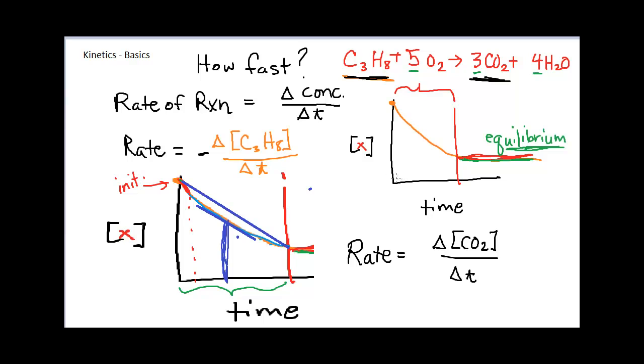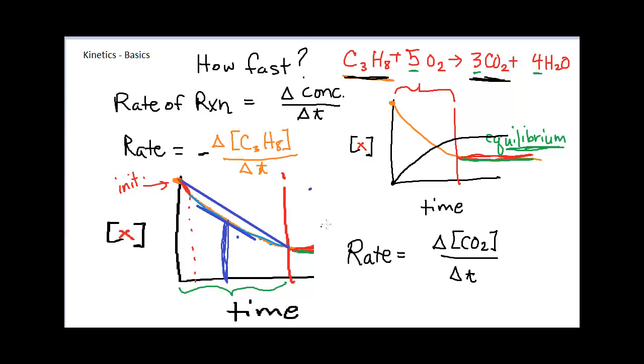On a similar graph for CO2, its concentration would start down at 0 because I don't put any in initially, and it would get higher and higher as the reaction proceeded. Then again, at some point it would level off, so I'd be looking at the rate on a graph that sloped upwards.